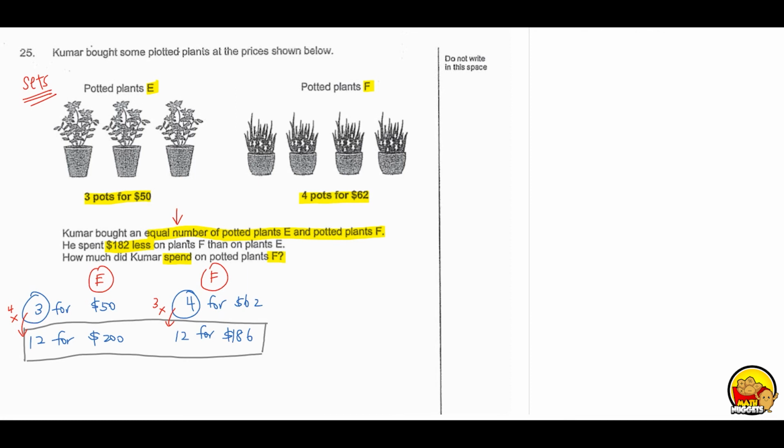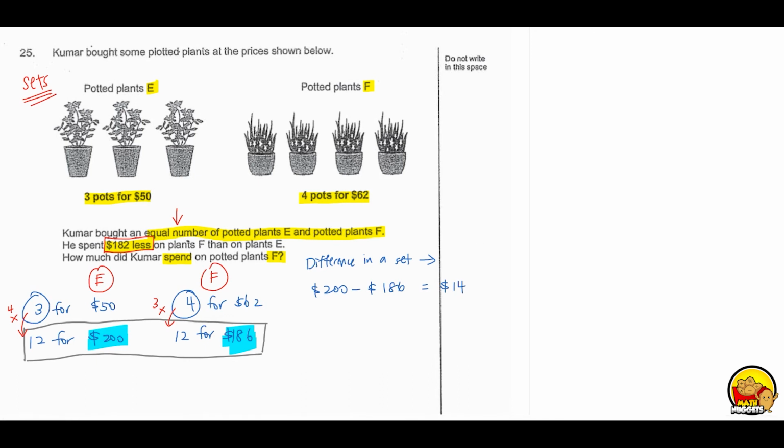The next piece of information is that the question tells us the difference in the amount spent. Now let's find the difference in a set. The difference in a set would be $200 minus $186, which gives us $14.